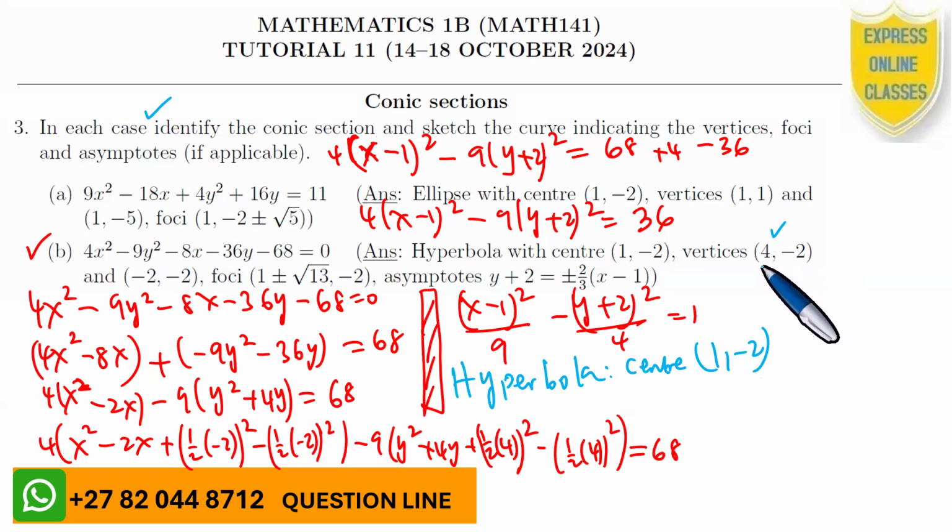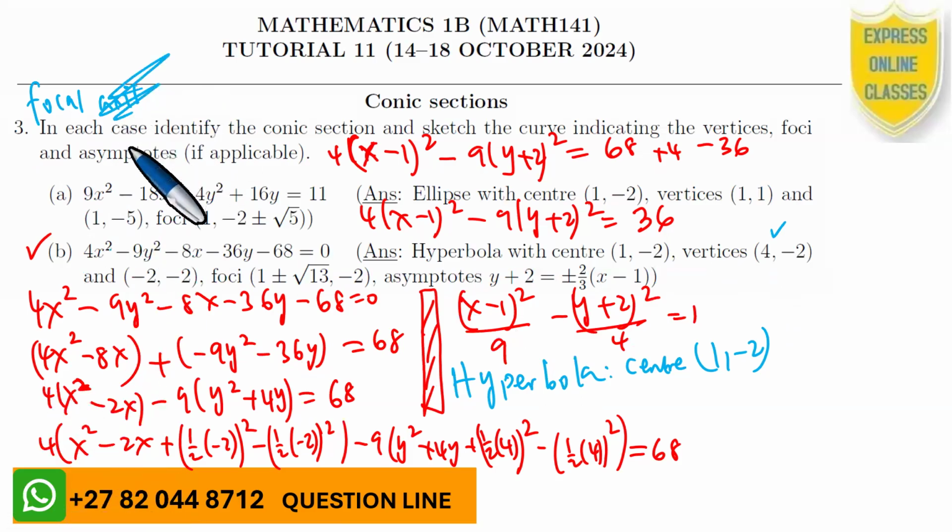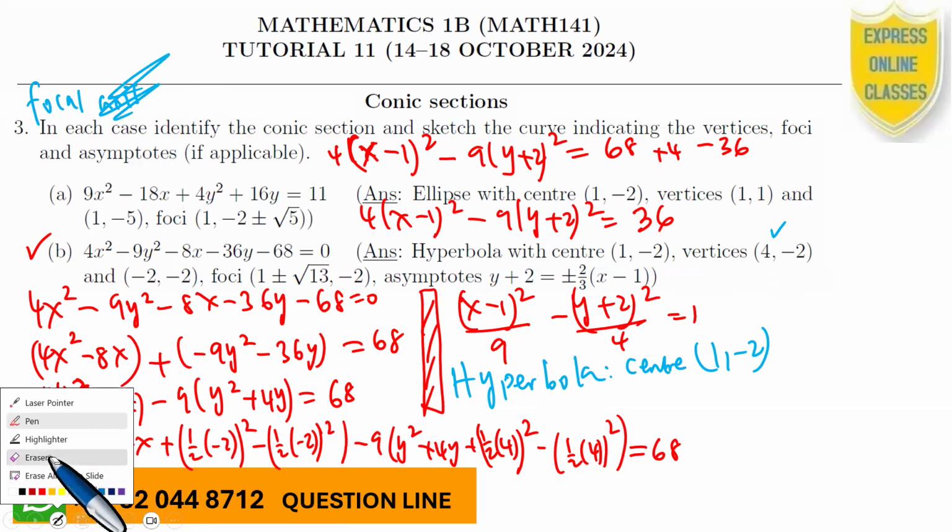So now we have a way to write this one properly. Because the x is positive, we then say the focal axis. This is how we put it. We can start by writing the center. Okay, let's write the center.